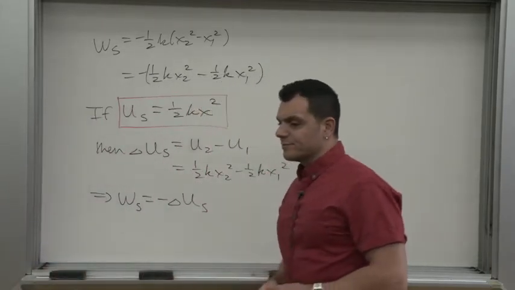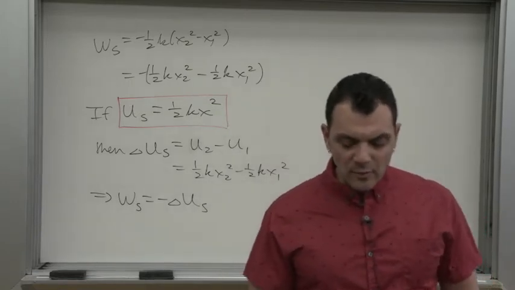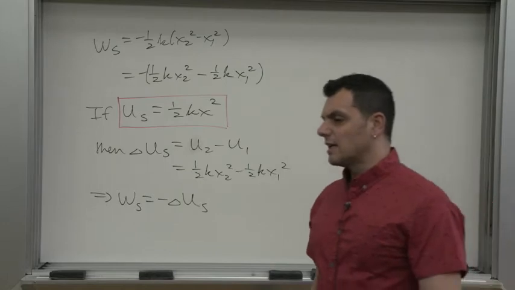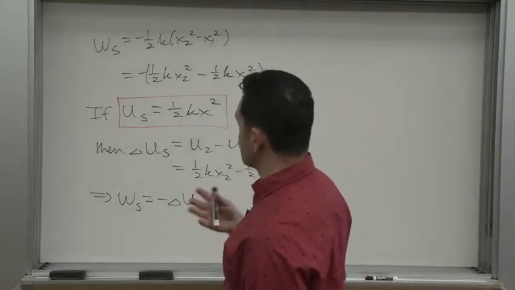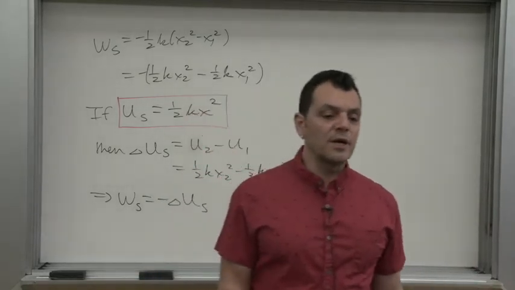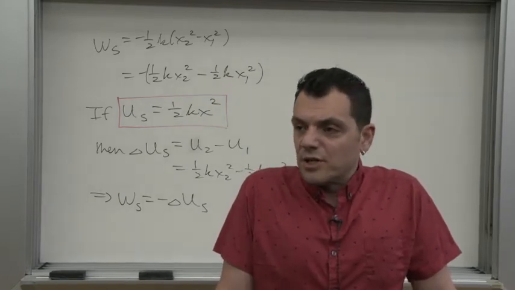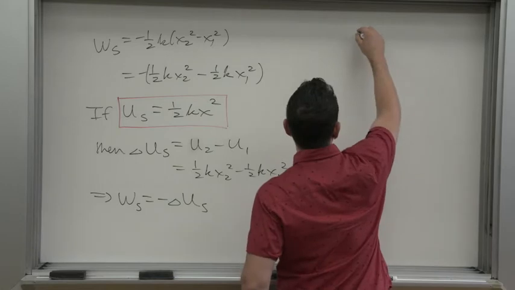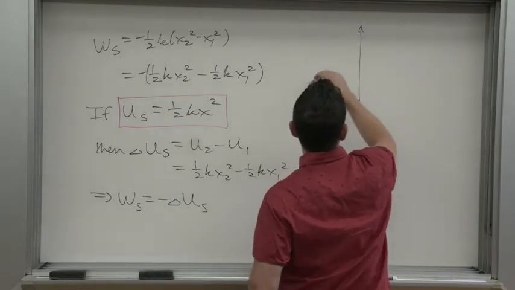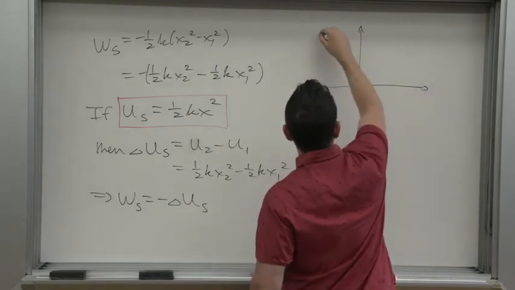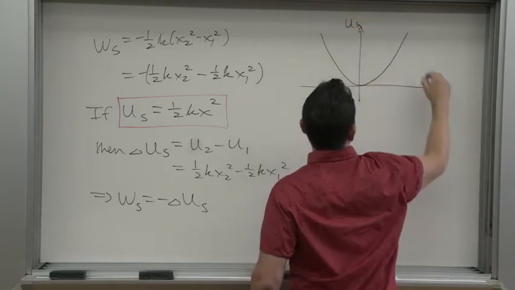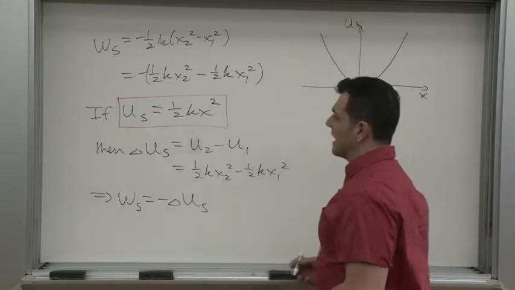So what does it mean? What can we do to increase the spring potential energy? How do we increase the spring potential energy of an object? Well, as you can see, if I plot U spring, it's at a minimum when x is equal to 0.